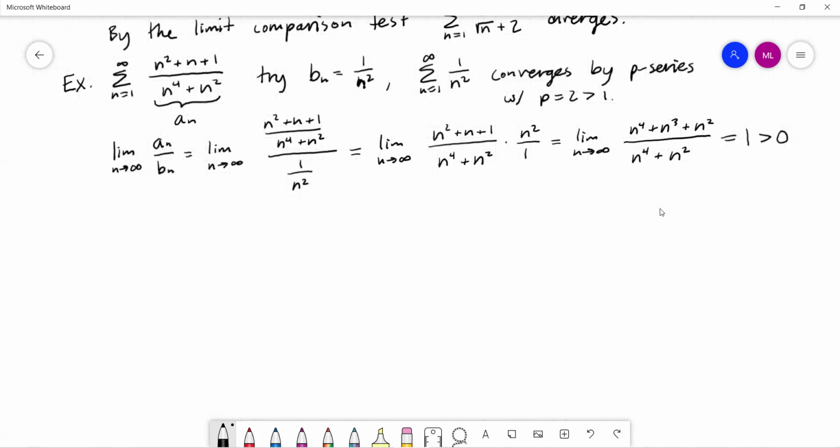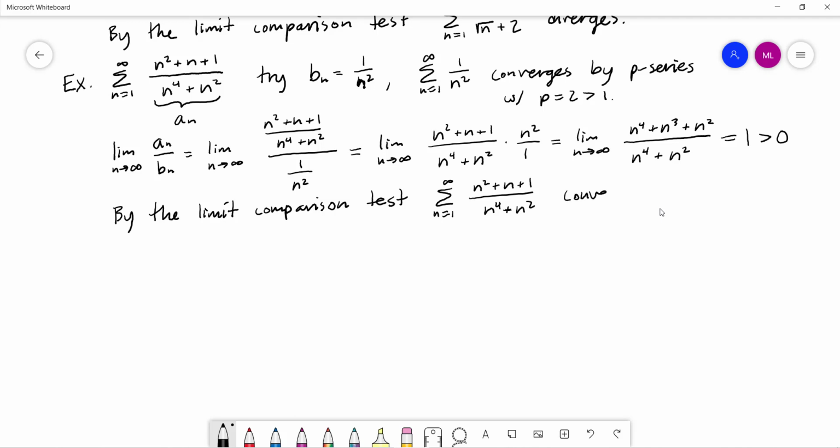So by the limit comparison test, the two series have the same behavior, which means that the sum from n equals 1 to infinity of n squared plus n plus 1 over n to the fourth plus n squared converges.